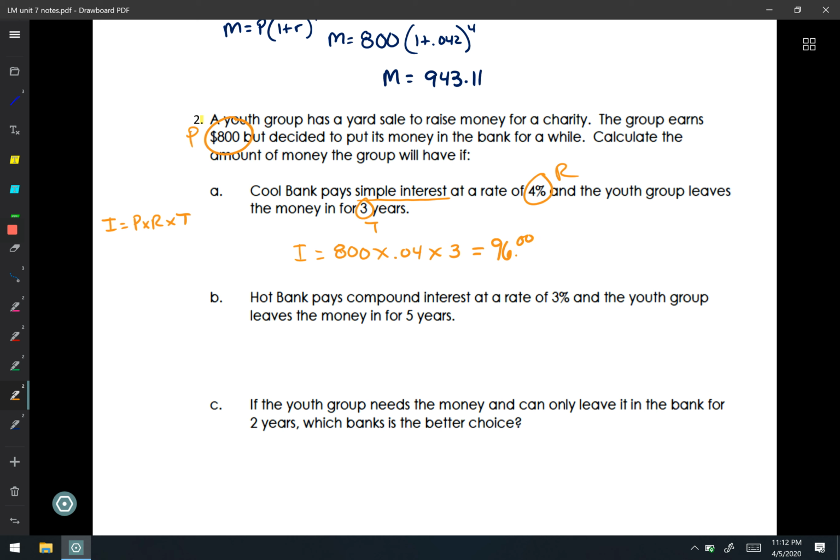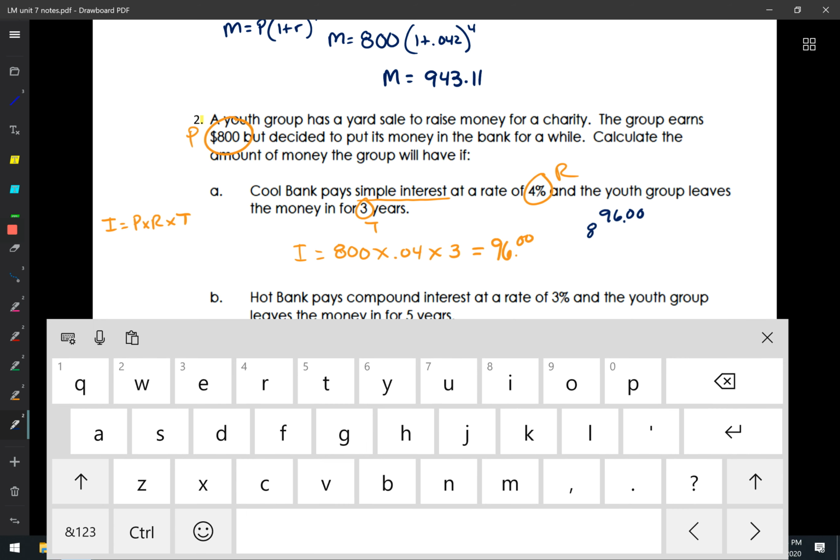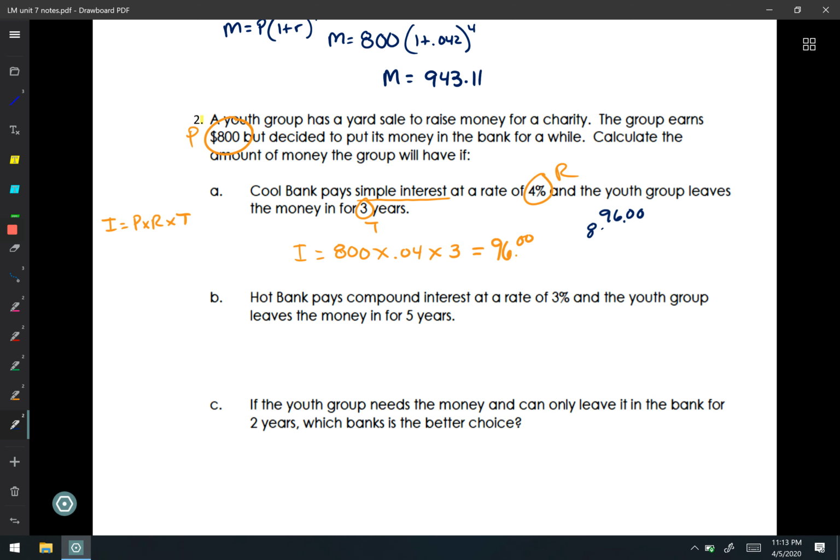Now, we have to understand that this is the interest. So how much money when it's done, we have to add that amount of interest back to the original $800. And you'll see that this investment will be worth $896 in 3 years using simple interest.